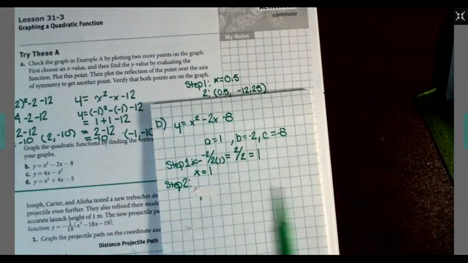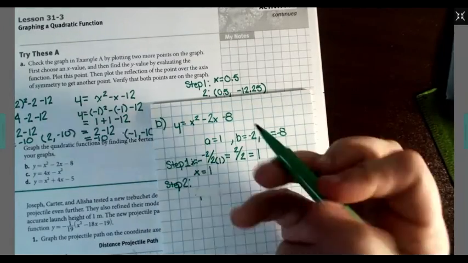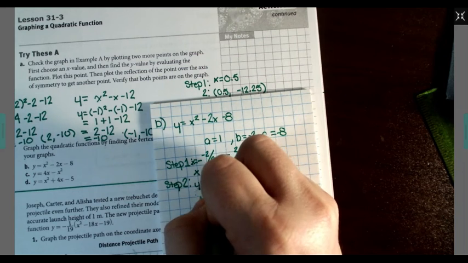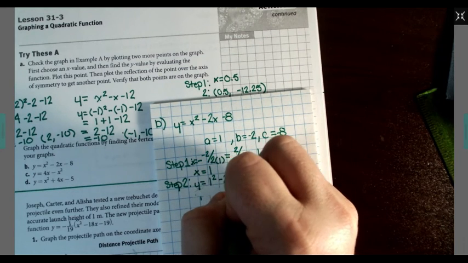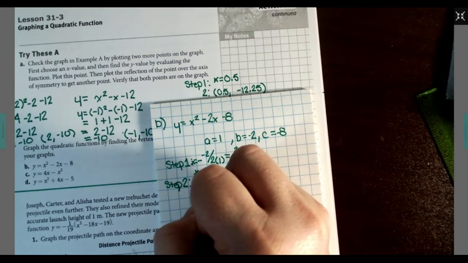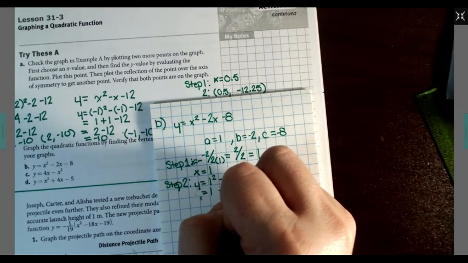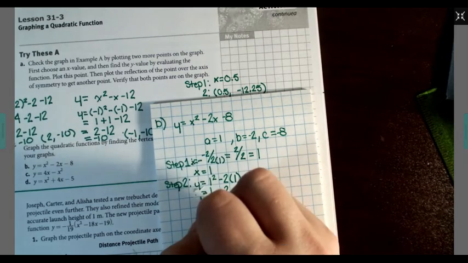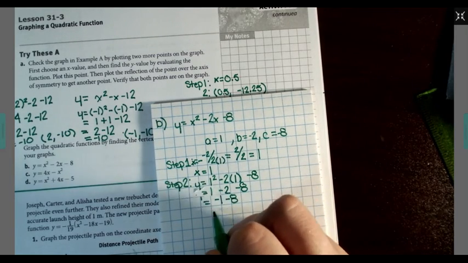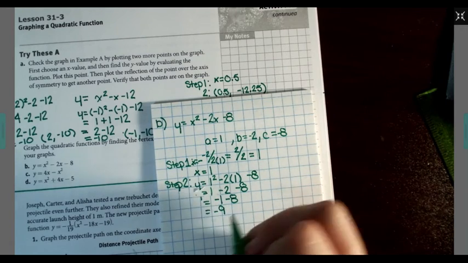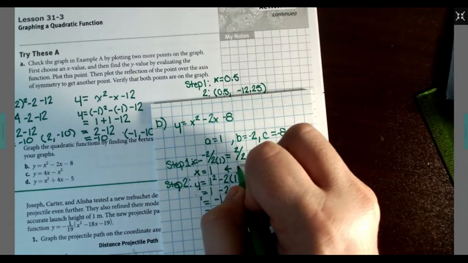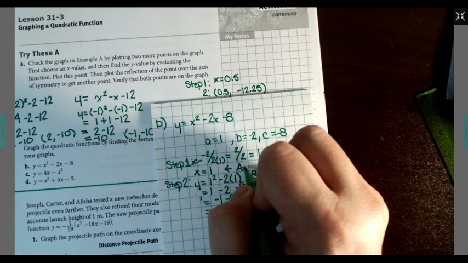We do that by plugging in 1 into our equation. So we're going to have y equals 1 squared minus 2 times 1 minus 8. That's going to be 1 minus 2 minus 8. 1 minus 2 is negative 1. Negative 1 minus 8 is negative 9. So we have axis of symmetry is x equals 1.